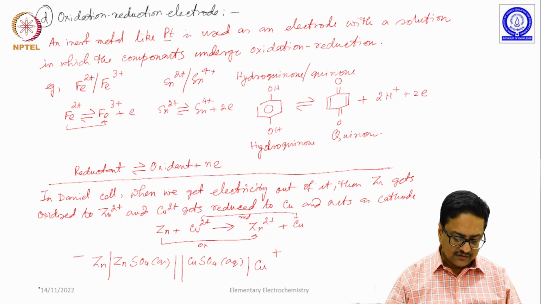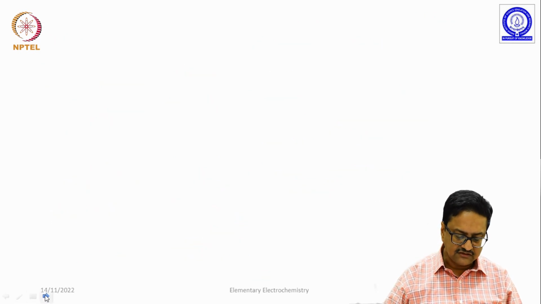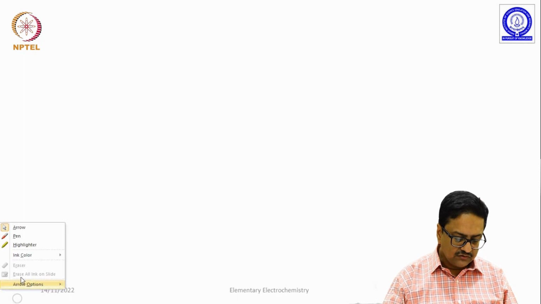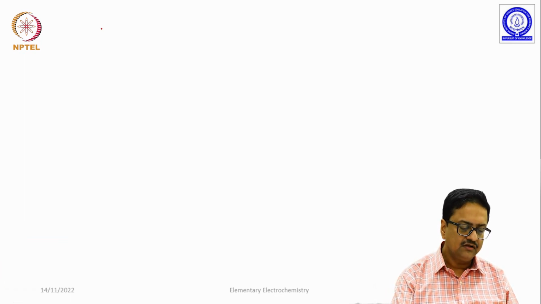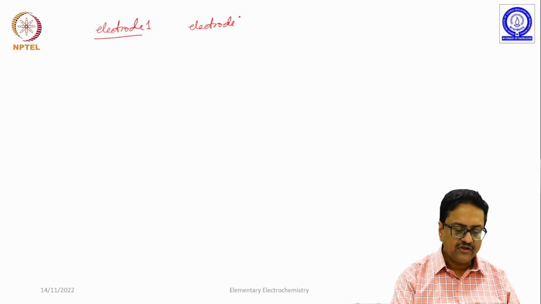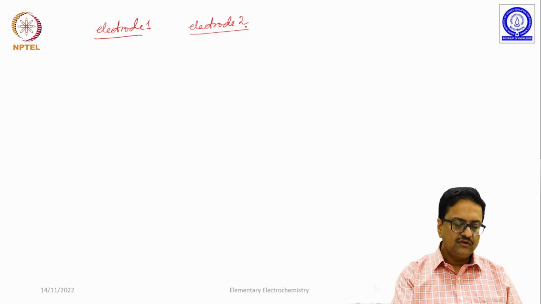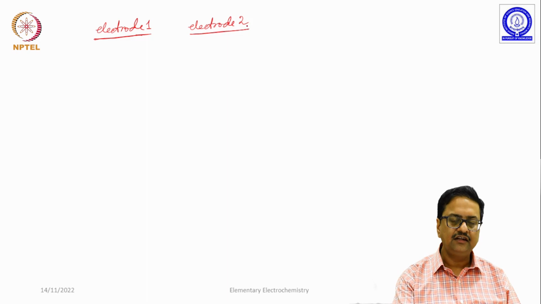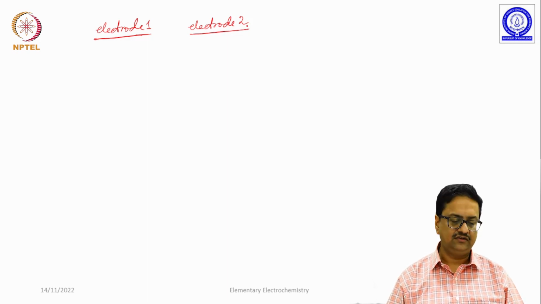So what one can do using these electrodes is the following. You take one of the electrodes and name it electrode 1, and the second electrode and name it electrode 2. These two electrodes can be anything irrespective of their nature.